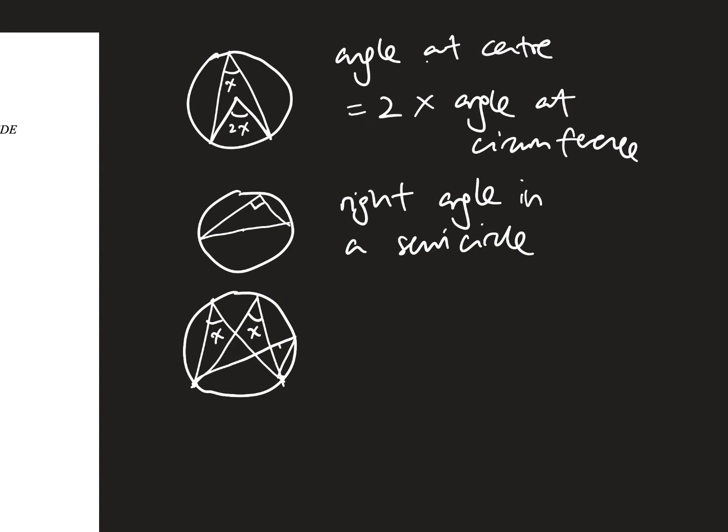This will also be x, simply because they started from the same 2 points and it went to somewhere on the circumference on the circle. And so we call this property angles in the same segment are equal.